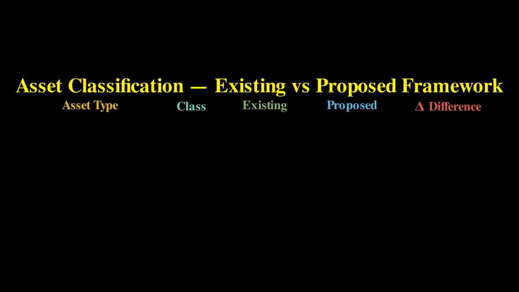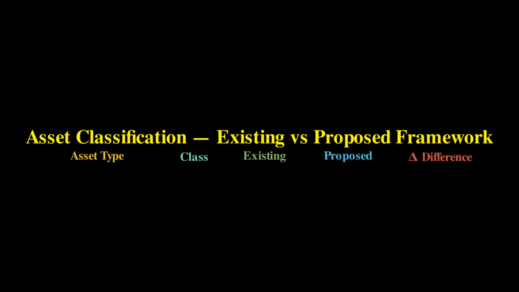Now we compare the difference between the IRAC framework and the ECL framework. We have plotted columns wherein current provision under IRAC and ECL floor provisions vis-a-vis the difference are mapped.